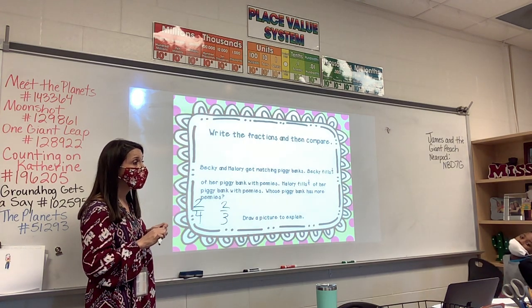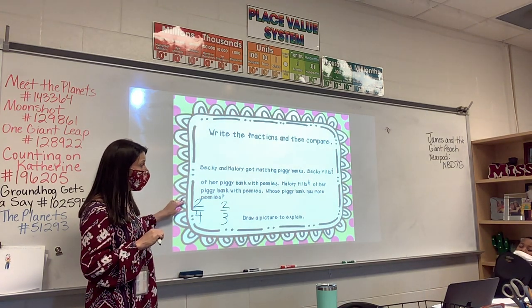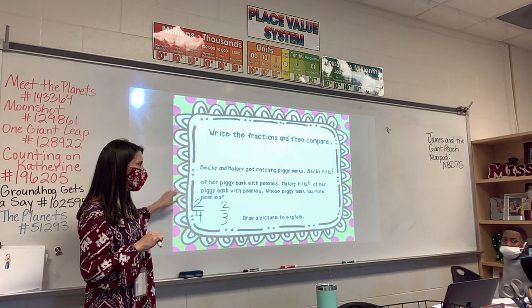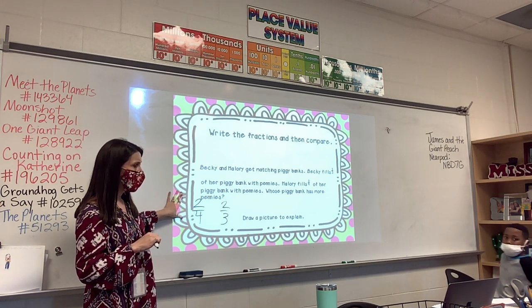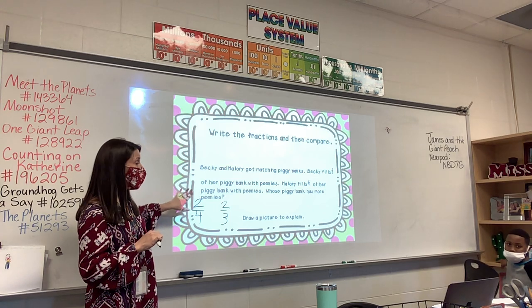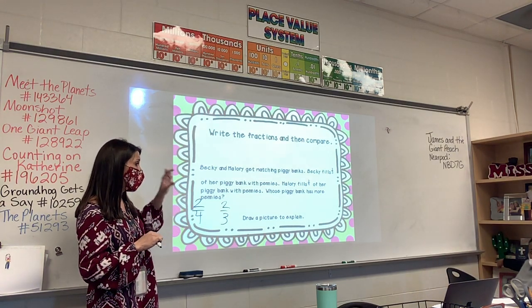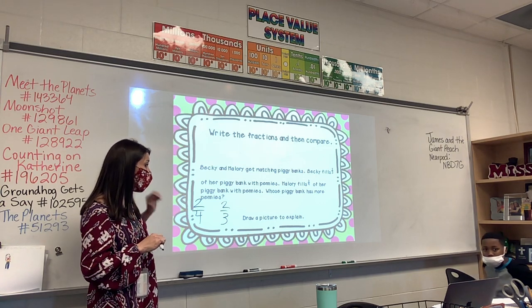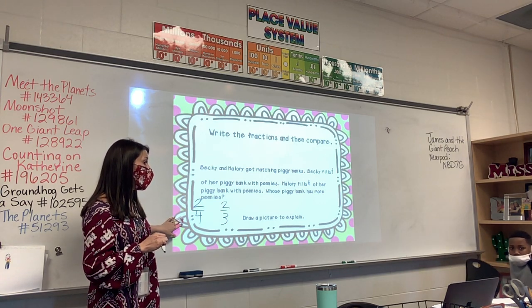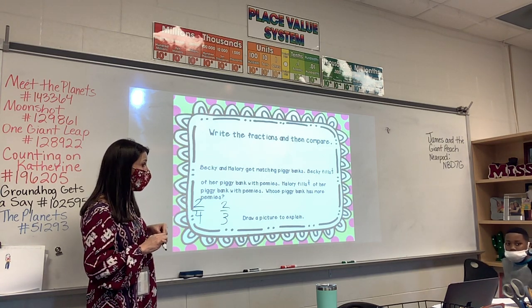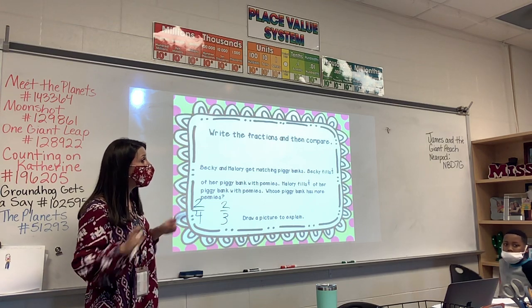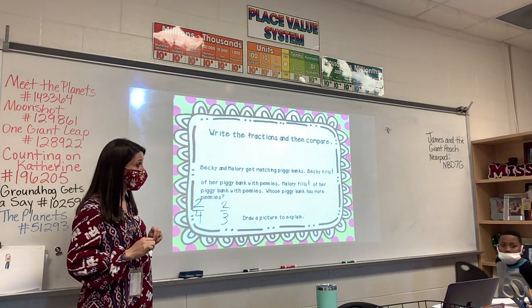Does Mallory's piggy bank have more? No, 2/3. When the numerators are the same, look at the denominator. The greater the denominator, the smaller the fraction. So Becky's. 4 is bigger than 3, but we don't care about that when we're talking about fractions.